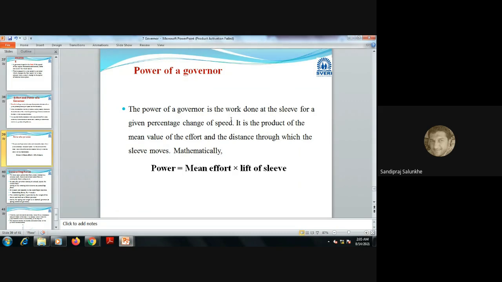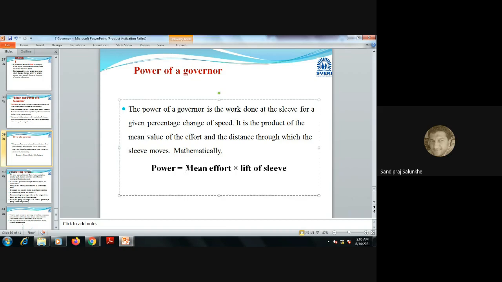That means when the speed changes, you are going to lift the sleeve, and whatever work is done for lifting that sleeve, that you are going to call the power consumed by that governor. It is a product of the mean value of the effort and the distance through which the sleeve is moved.